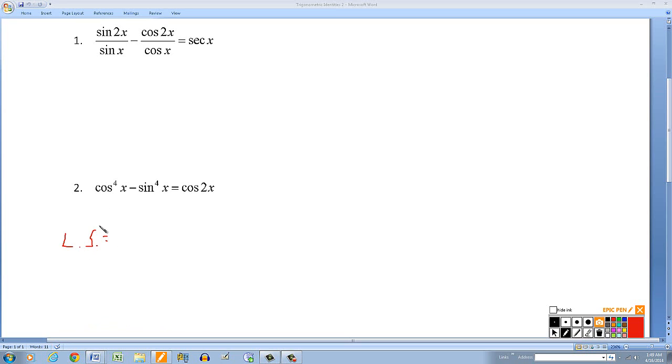Okay, so this would go right here. And then look at this, this is difference of squares. Cosine to the 4th, sine to the 4th, those are squares.